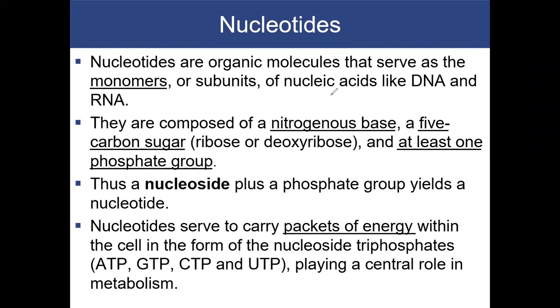So let's look at the components of a nucleotide. As I illustrated in the last class, you have the 5-carbon sugar, and attached to the 5-carbon sugar is the nitrogenous base. Together we say that these two are nucleosides.